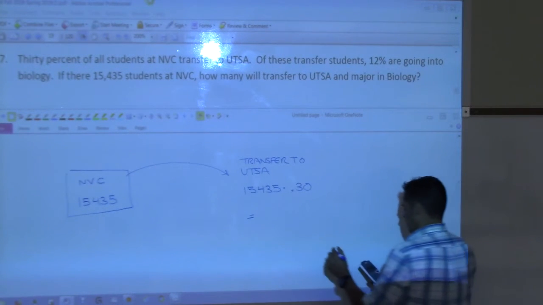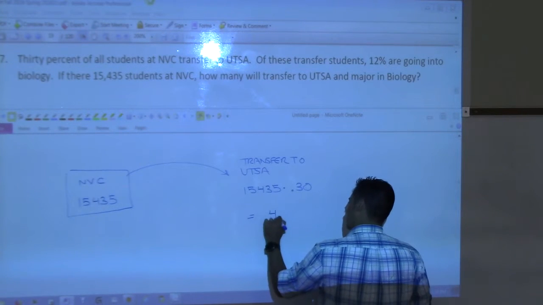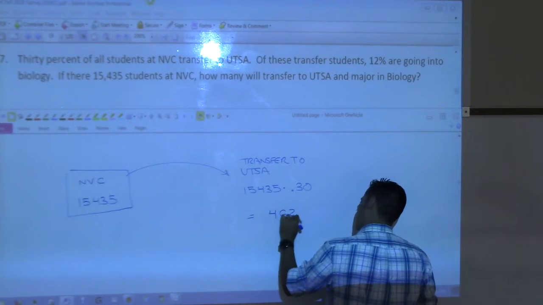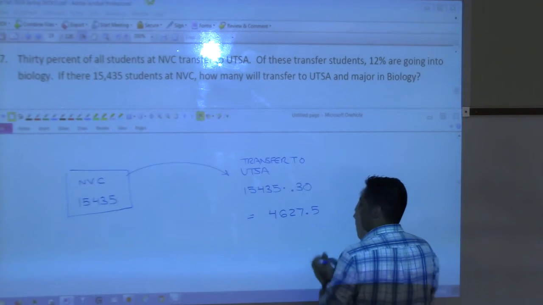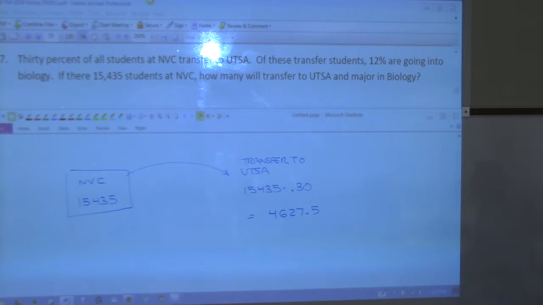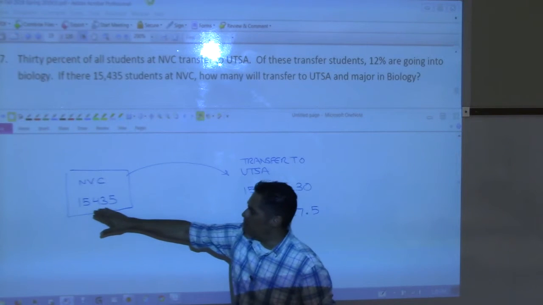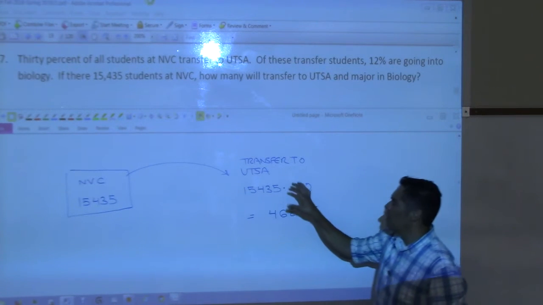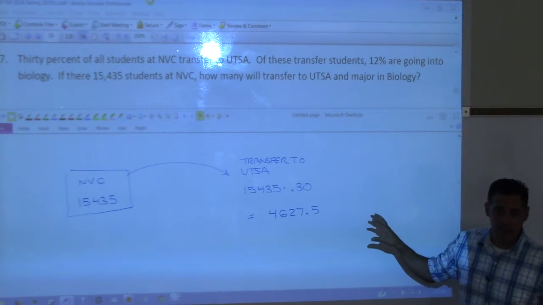Ooh, that's not good. Looks like we have half of a person. They're probably not very happy, are they? Okay, that's approximately how many people transfer. Agreed? So from this group of 15,435 students, this is how many transferred over to UTSA, right?